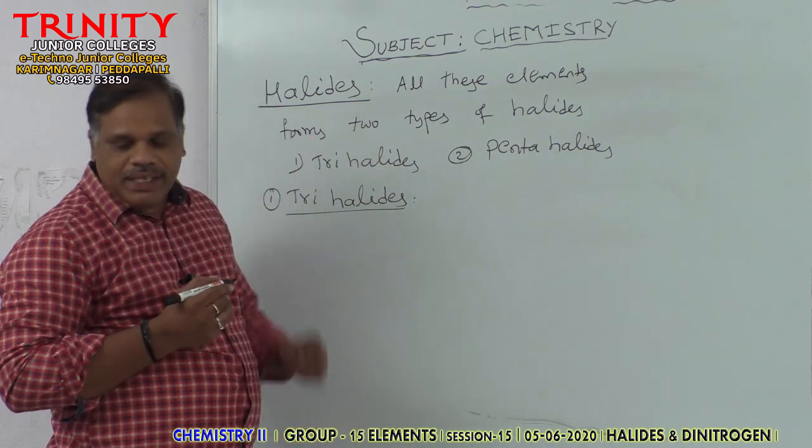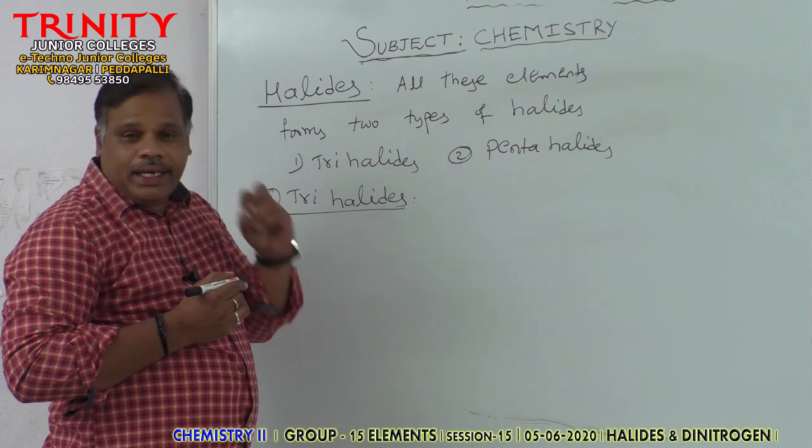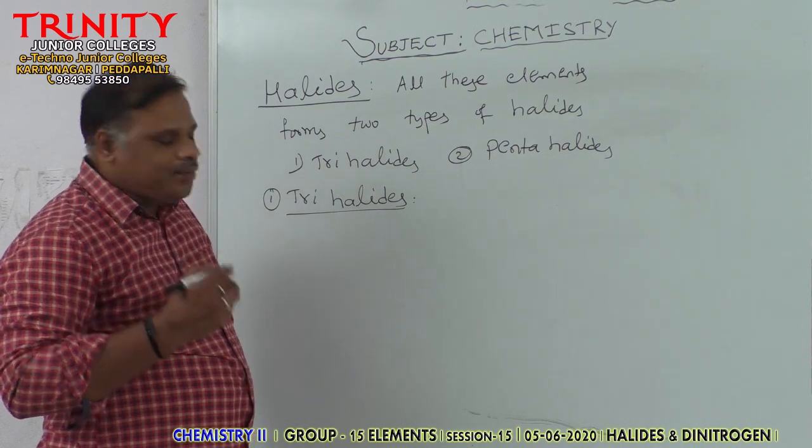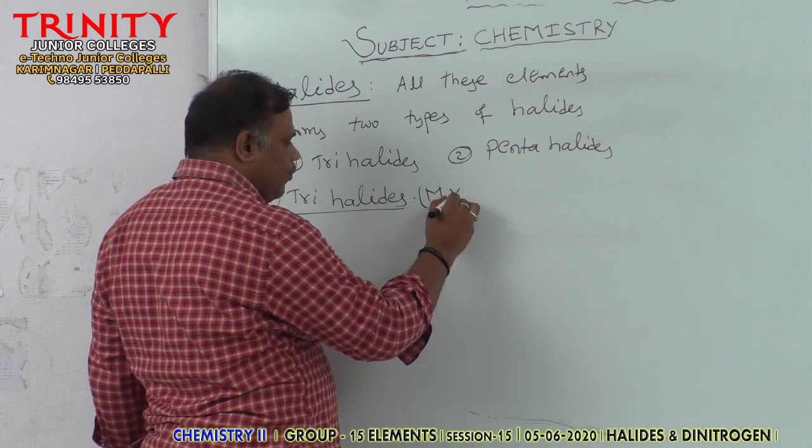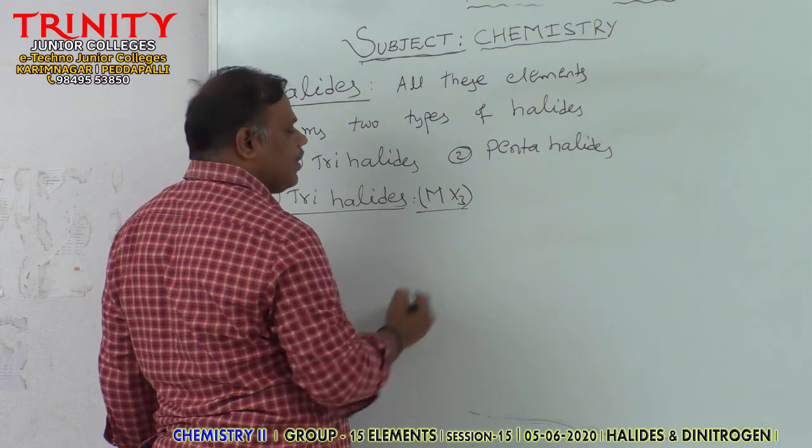All these elements directly react with the halogens to form trihalides of formula MX3, where M means group 15 element.